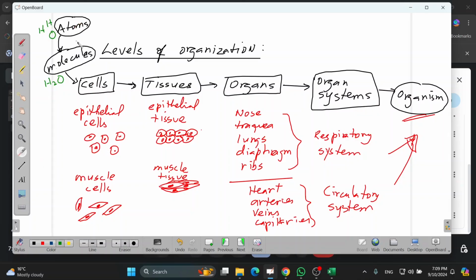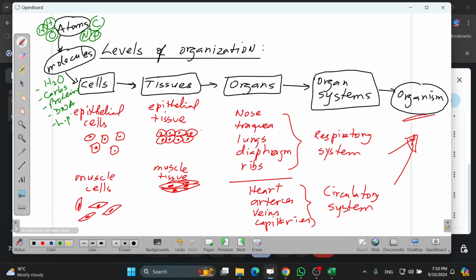And water is found in the cells. See what I mean? But we also have what? We also have a lot of carbon atoms. Like in the carbohydrates, we have nitrogen atoms in proteins. We have phosphorus, right? And all these atoms are present in molecules like water, like carbohydrates, like proteins, right? Like DNA, for example, right?